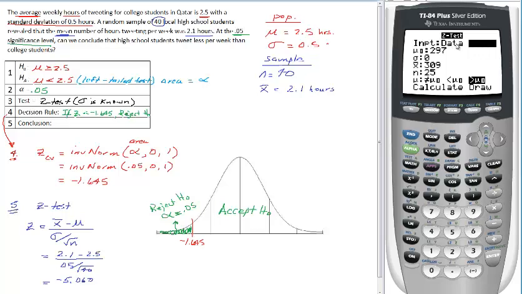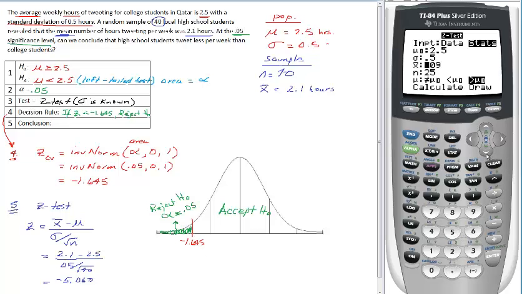Data means if we had the raw data of all the 40 samples, we would plug them all in, but we don't have the raw data. We do have the statistics on that, so we hit stats, enter. Make sure that's highlighted. The first one is asking us for the mean, which is 2.5. The next one is asking us for the standard deviation, which is 0.5.